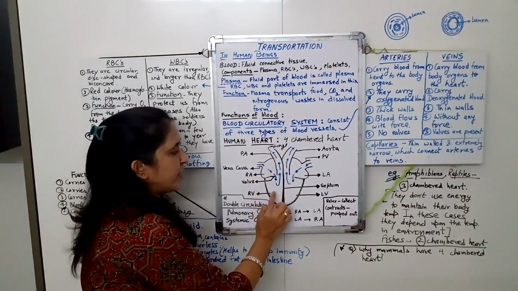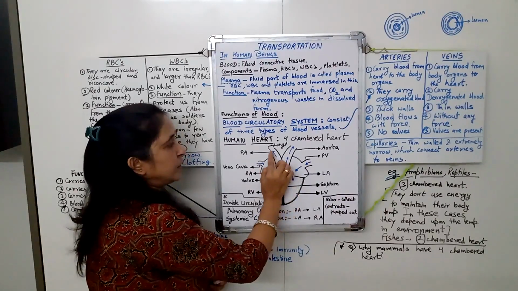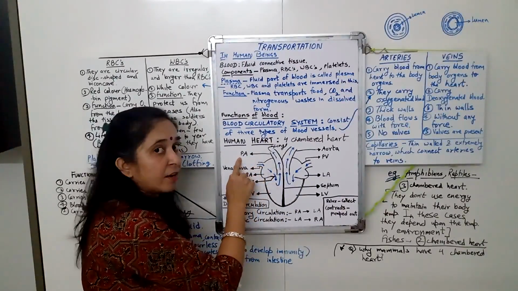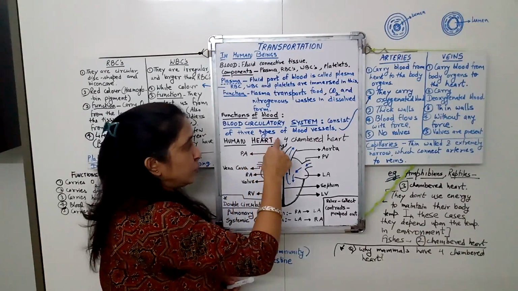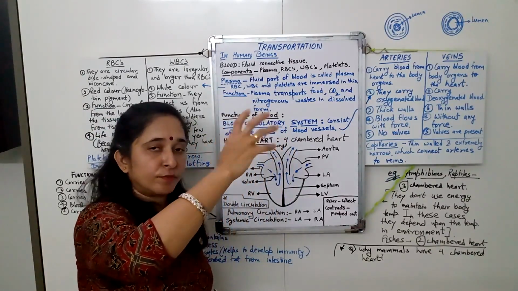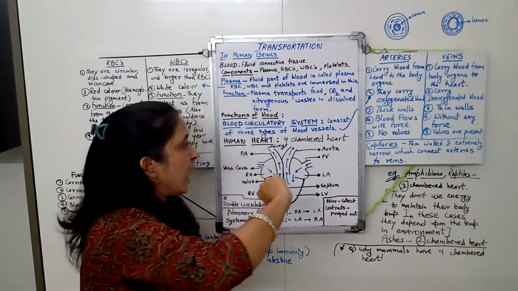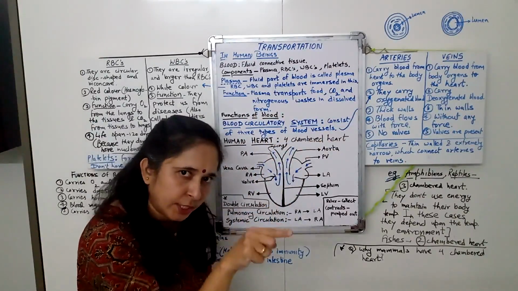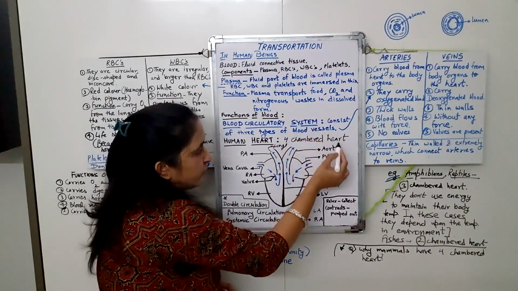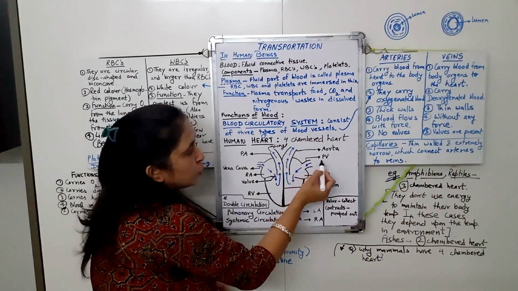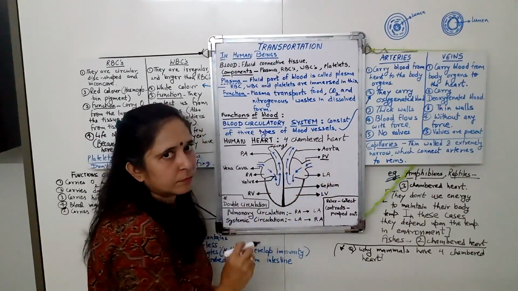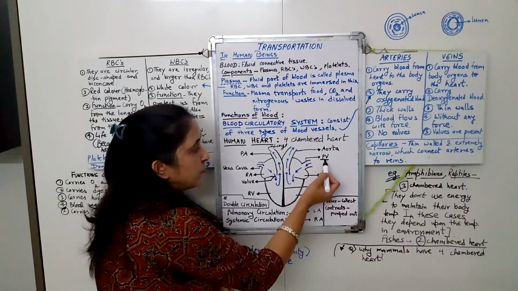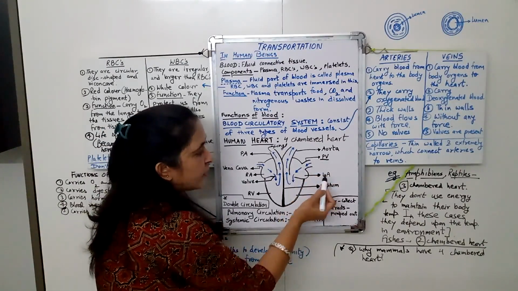Now here from the right ventricle, it enters into the lungs through the pulmonary artery. When it enters into the lungs, there the purification of the blood takes place. Fine? And then deoxygenated blood changes into oxygenated blood, and again it will enter into the heart through the pulmonary vein. Fine? Through the pulmonary vein into the left atrium.